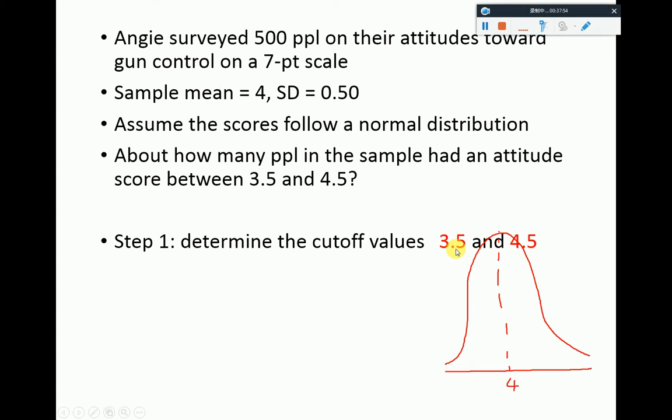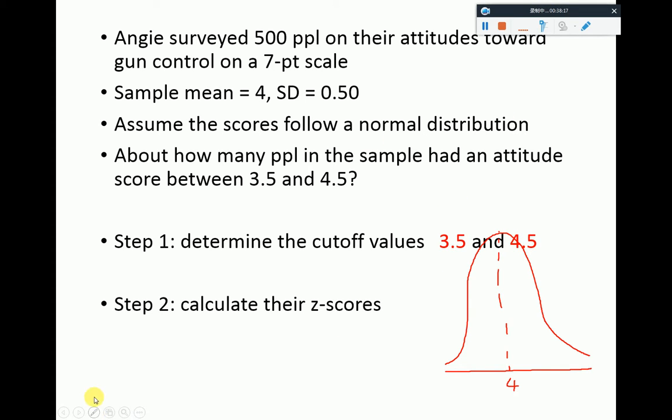Actually, you should already see that 3.5 should be around here, and 4.5 should be around here. But to be more precise, we will need to calculate their z scores, the z values corresponding to 3.5 and 4.5.